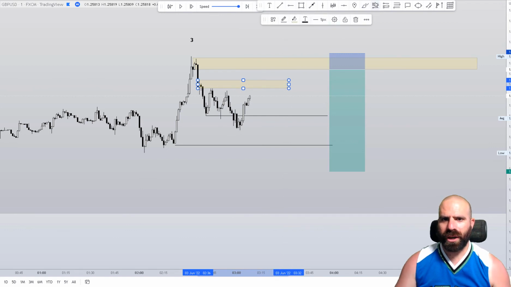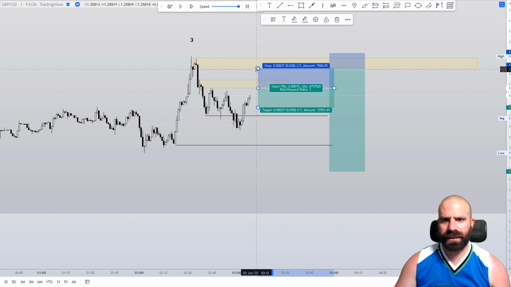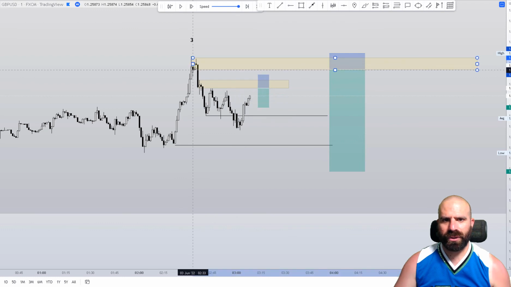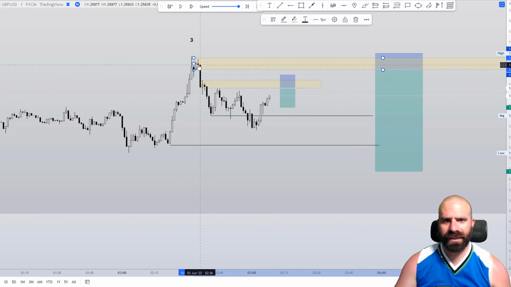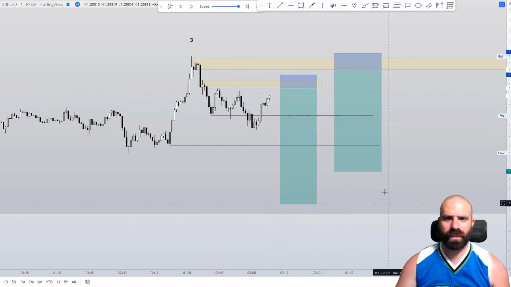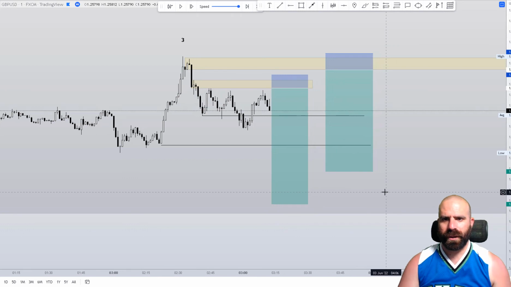So I would be placing a trade right here, let's say right here somewhere, with a stop loss over here, and I would be placing another trade including this last up candlestick and this small candlestick that we see right here. So let's see how this would play out right now.